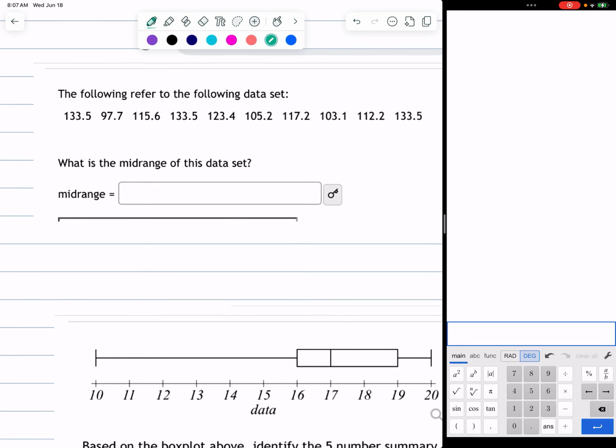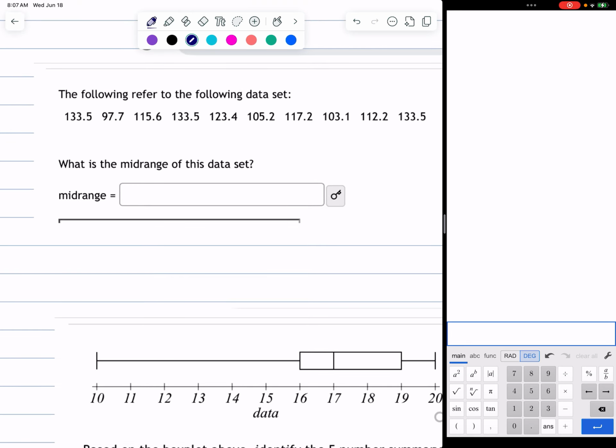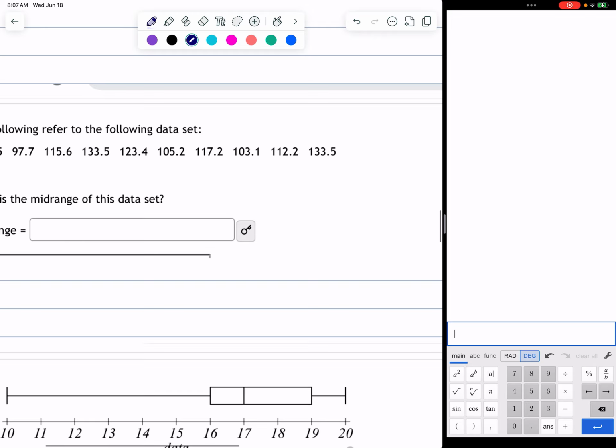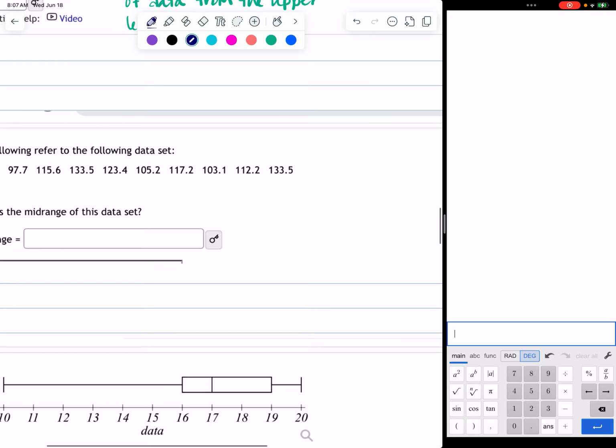A lot of people missed the mid-range question, and I'm really not sure why. You do have this formula on your formula chart. You also have it in the notes that you are allowed to use. And that formula says that the mid-range is the average of the max value and the minimum value.